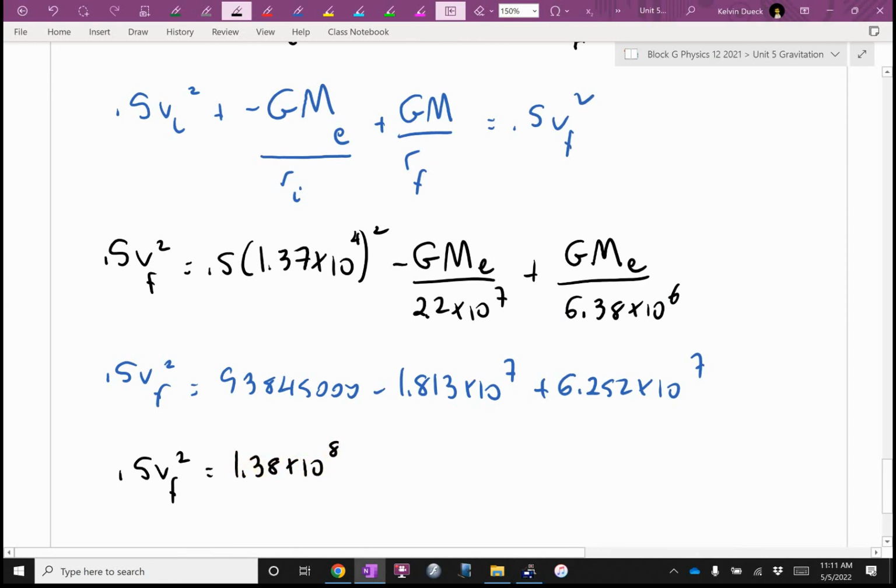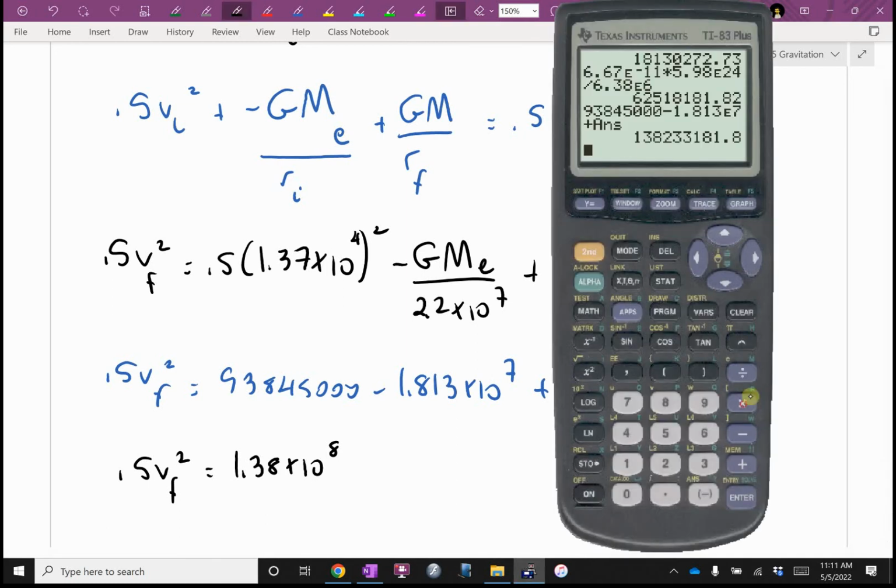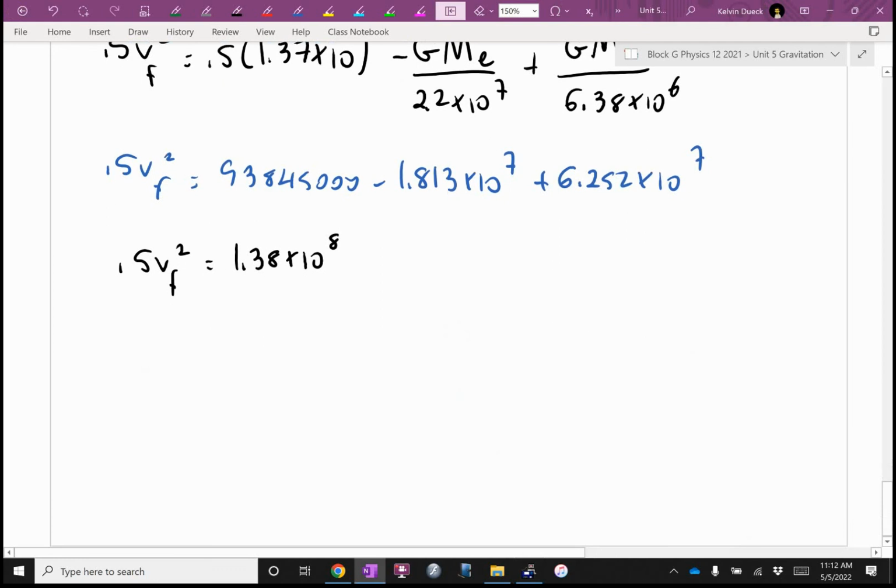I didn't write all the sig figs because I'm storing it on my calculator. Final step, either times by 2 or divide by 0.5, square root. I'll go times by 2, answer, square root, answer. You get 16,627? So 16,600.